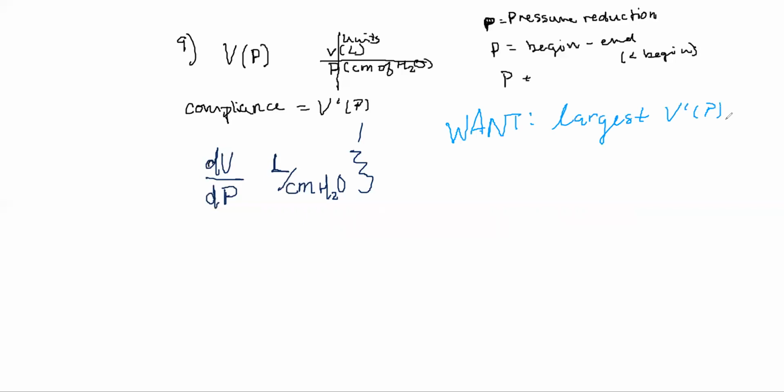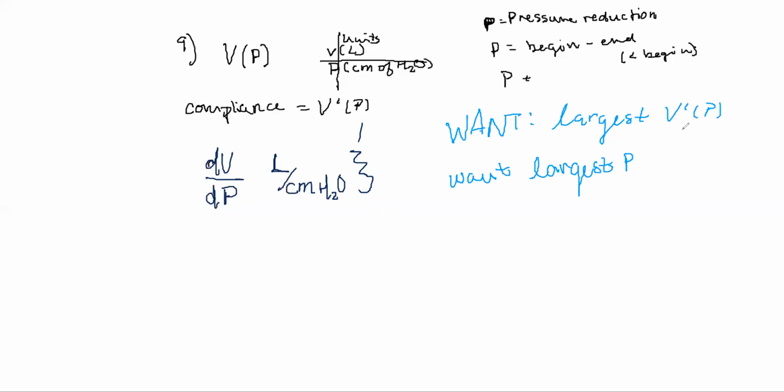Well, because we know they have a positive relationship, as pressure is reduced, the volume of the lung goes up. So we want the highest, like 30 and 1. Looking at the table they give us, if P is equal to 30, then the volume is equal to 1 liter. So volume is going up as P is going up.